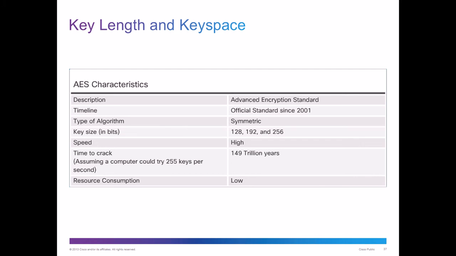AES is the most widely used encryption method for VPNs. Those keys are created one time and randomly. Like I said earlier, randomly may not be the right word, but 149 trillion years is pretty good, right?